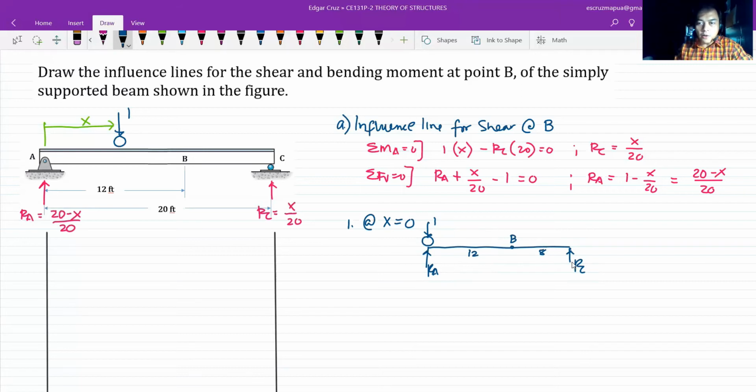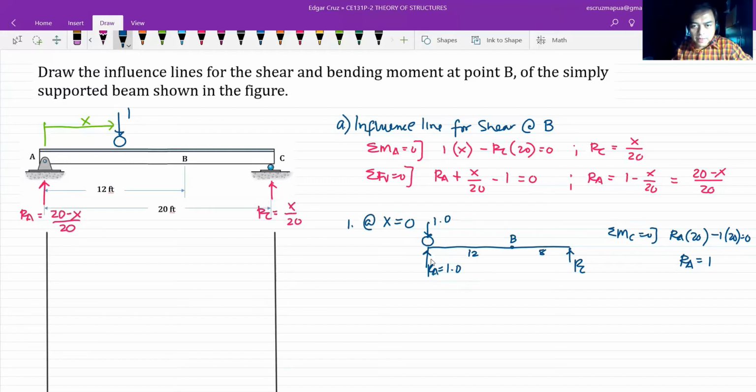If I sum moment at C equals 0, that would be RA times 20 minus 1 times 20 equals 0. Therefore, RA is just equal to 1.0.